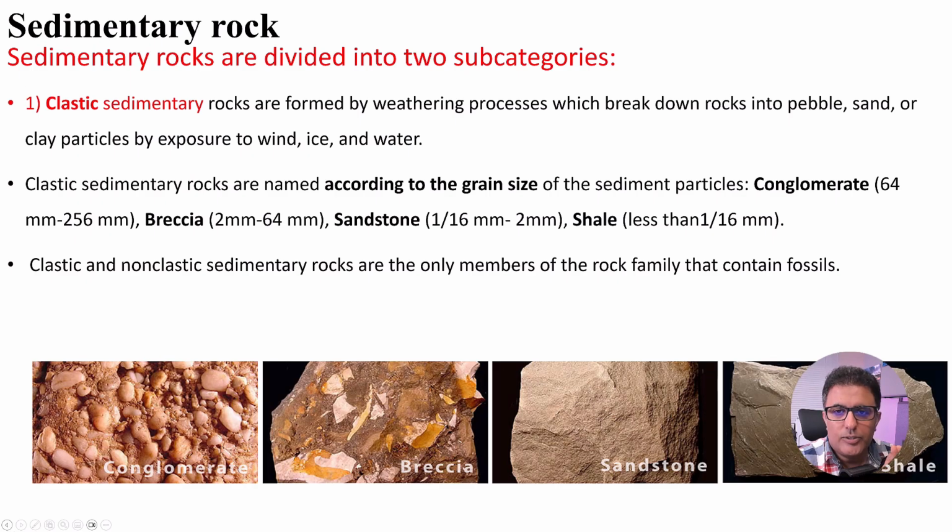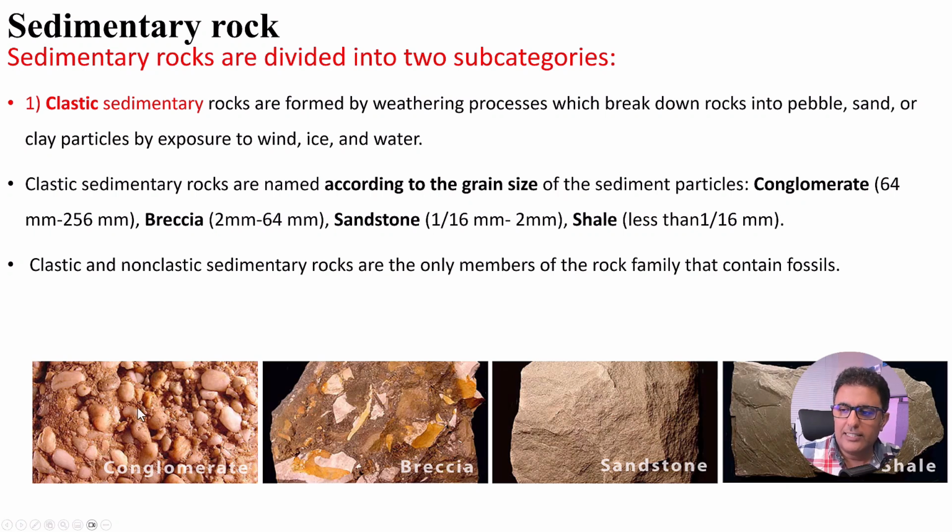Again, similar to igneous rocks, sedimentary rocks are also divided into two subcategories: clastic sedimentary rocks that are formed through compaction and cementation of sediments. Examples are conglomerate, breccia, sandstone, and shale.